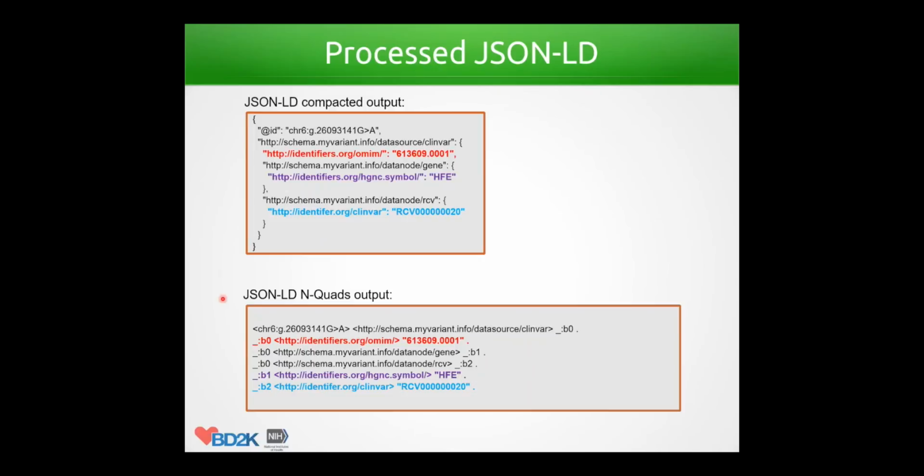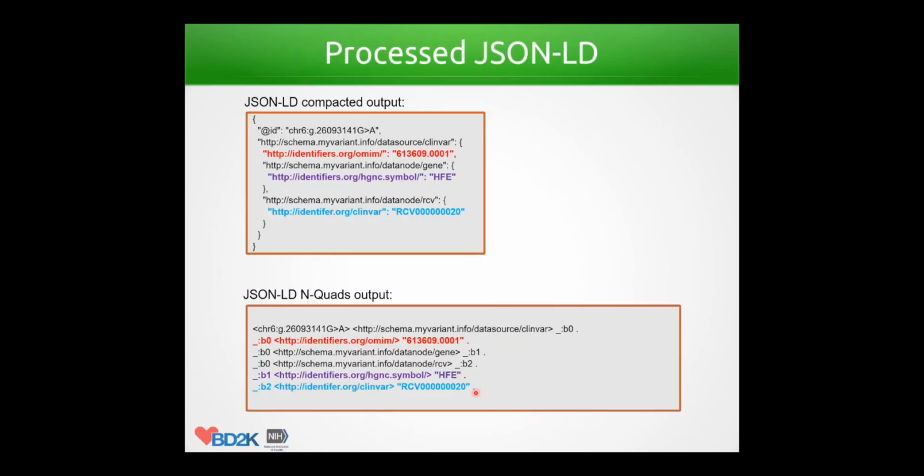And there is another output format called N-Quads. This is an even more normalized output. In this output, you can see that even the whole JSON structure has been broken into a flat list. So here, this is the ARM ID, and this is the value, this is the symbol, this is the value, this is the ClinVar ID, and this is the RCV ID. That's it.